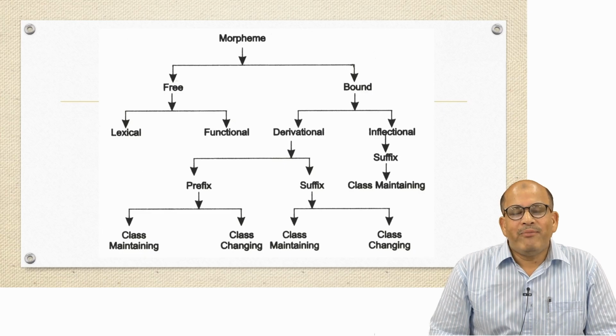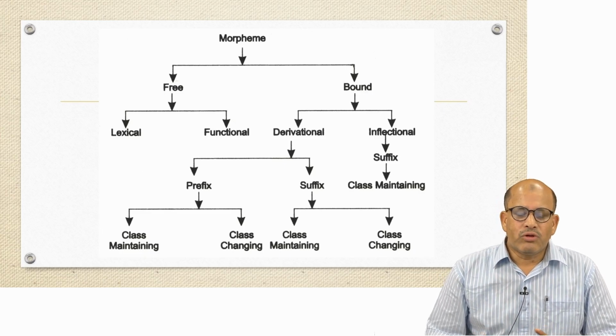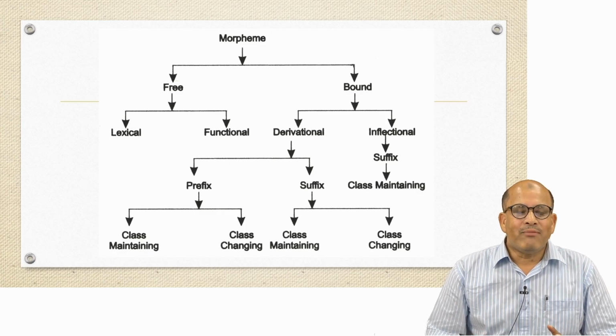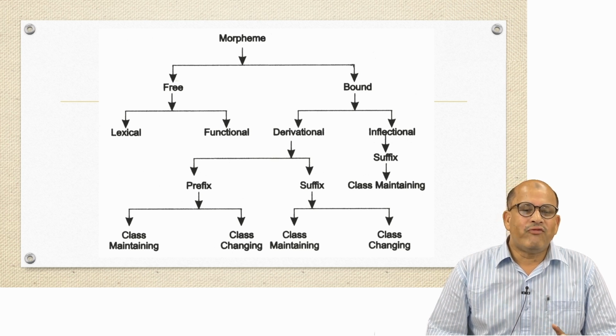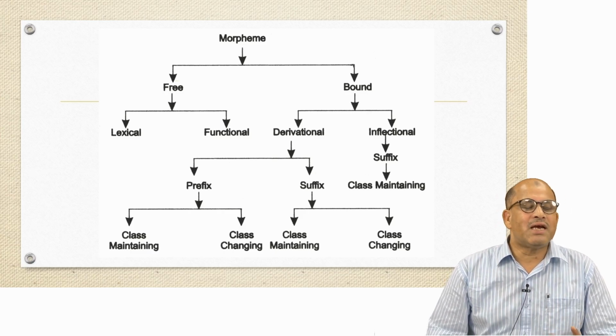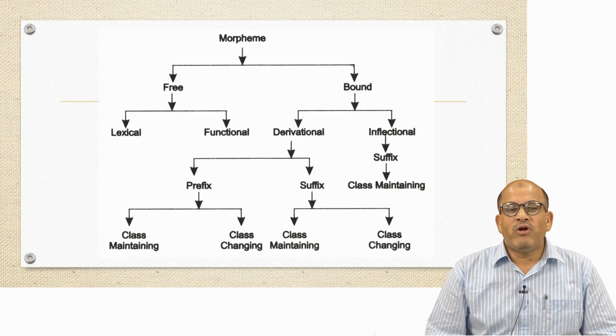To have a basic understanding, I am not going to look at this in detail right now, but here is a basic diagram to represent the morpheme. A morpheme can be free or bound. Free can be lexical or functional, functional referring to grammatical items like preposition, conjunction, etc., and lexical referring to lexical items in independent form, whereas a bound morpheme is derivational or inflectional.